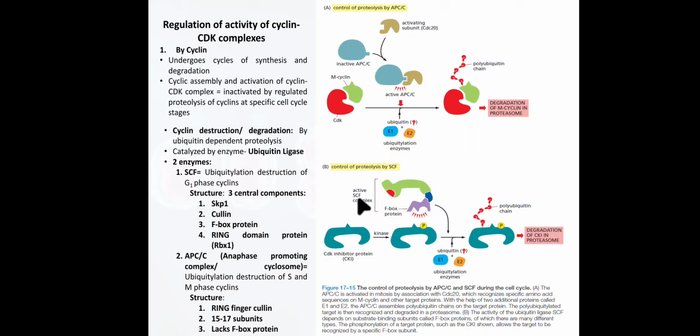The active SCF complex has the F box protein, as I said, where it adds ubiquitin. And there are E1 and E2, which are known as ubiquitination enzymes, which add a polyubiquitin chain to this CKI, the CDK inhibitor protein, and help the degradation of CKI in the proteasome.